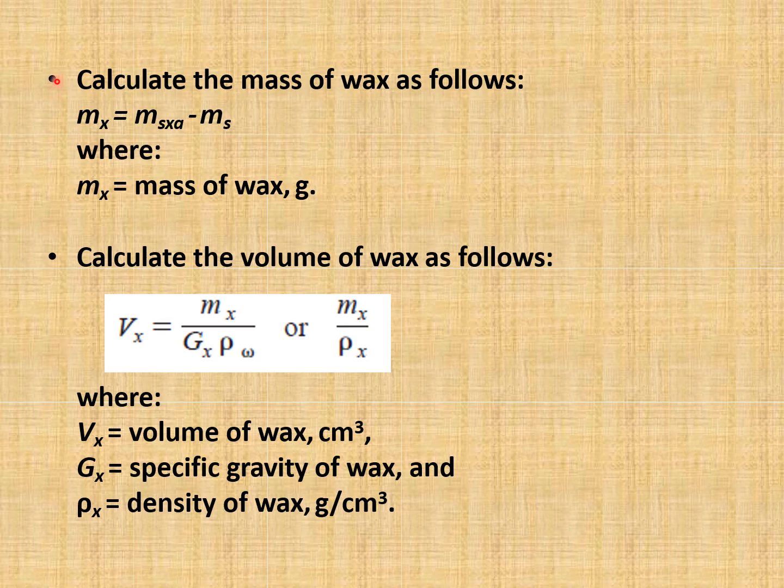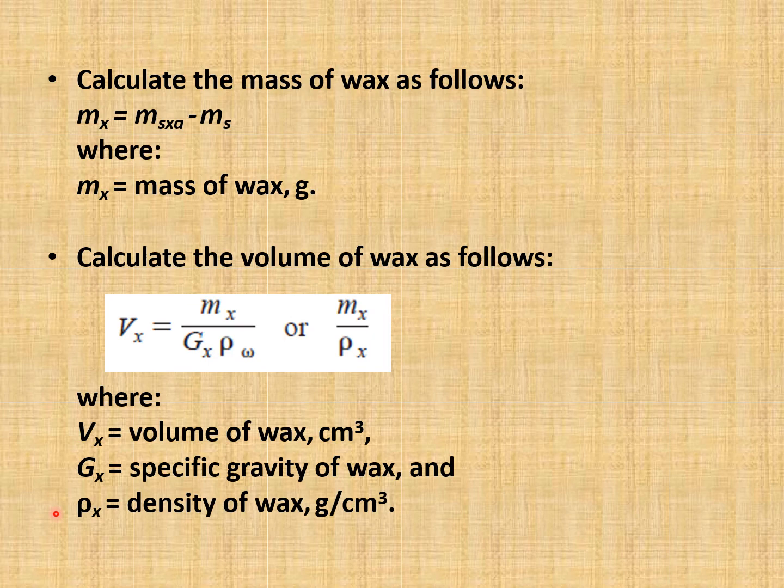Calculate the mass of wax as follows. M sub x is equal to M sub sxa minus M sub s. Here the new thing is M sub x, that is the mass of wax in grams. Then calculate the volume of wax as follows. So this formula, or you can use this one, and here V sub x means the volume of wax in cubic centimeter, G sub x the specific gravity of wax, and rho sub x the density of wax in gram per cubic centimeter.